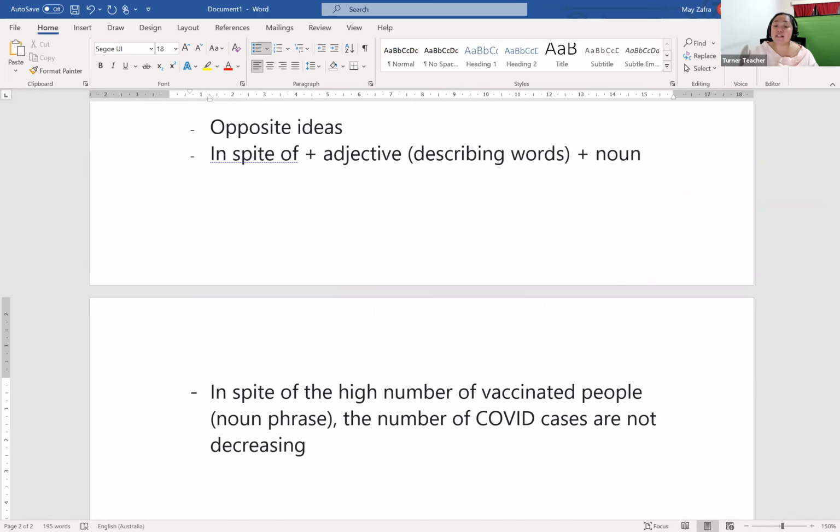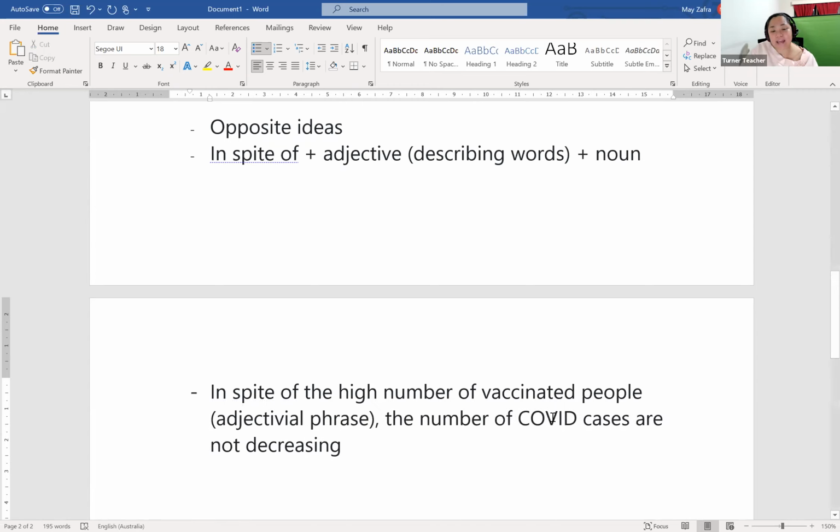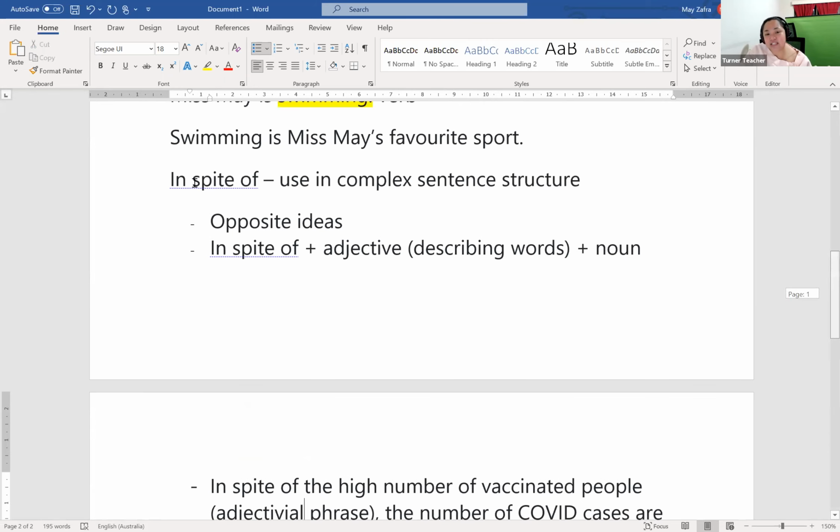So high is an adjective, and number of vaccinated people is your noun. So these become an adjectival phrase. So adjective plus noun is an adjectival phrase.